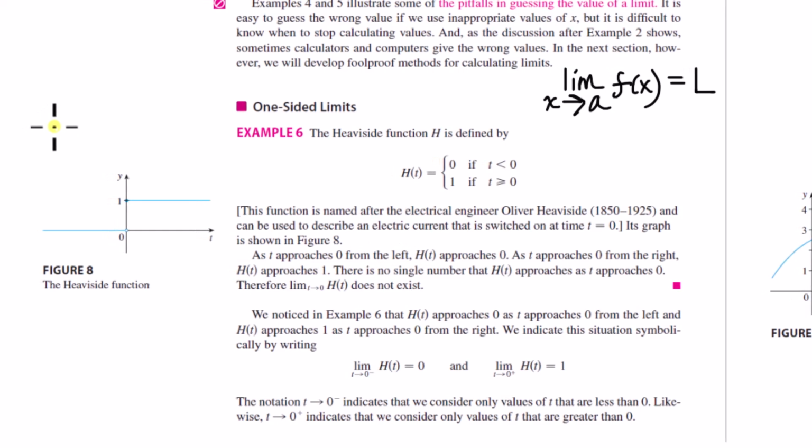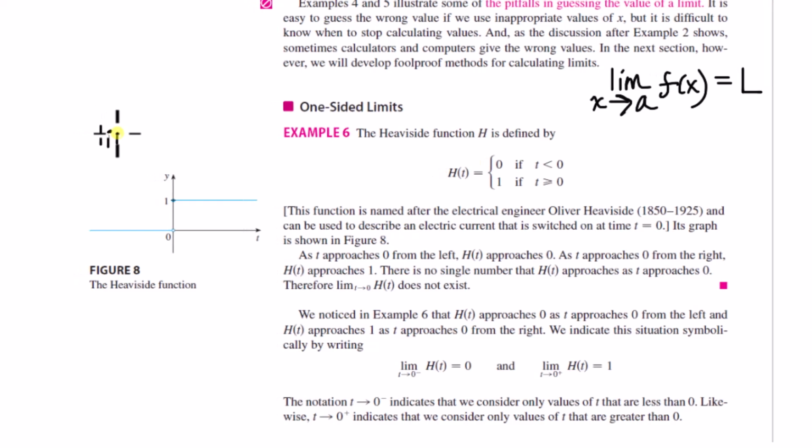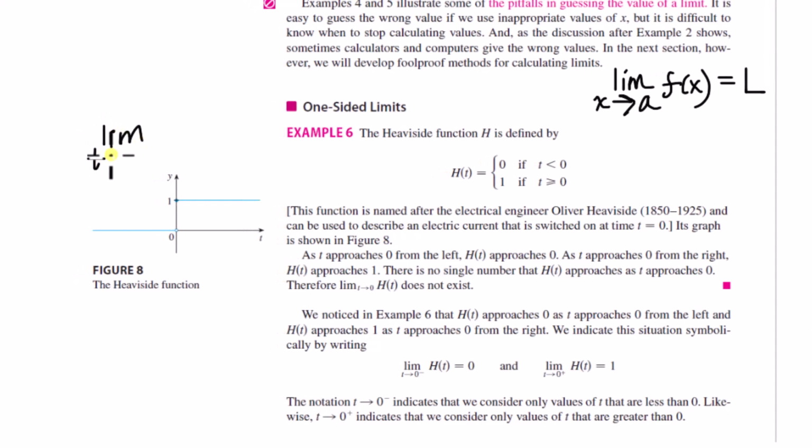So we're wanting to think about limits as t approaches 0 of this Heaviside function. As t approaches 0 from the left, h of t approaches 0. As t approaches 0 from the right, h of t approaches 1.